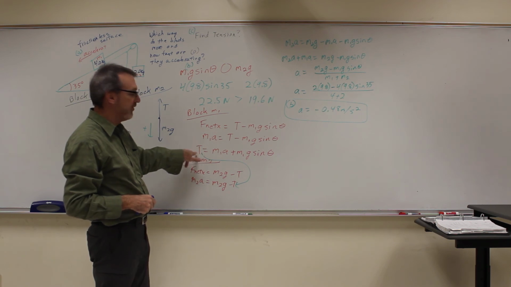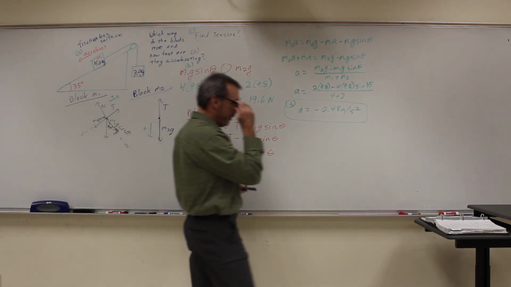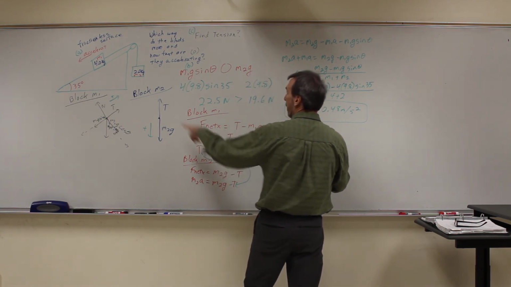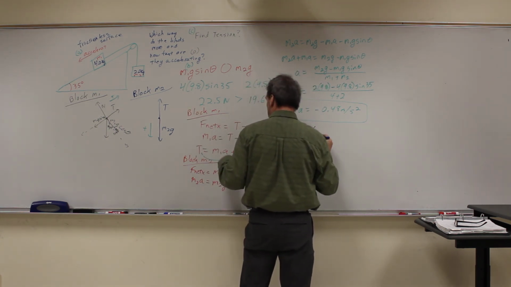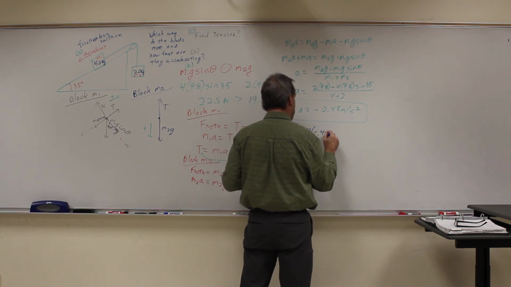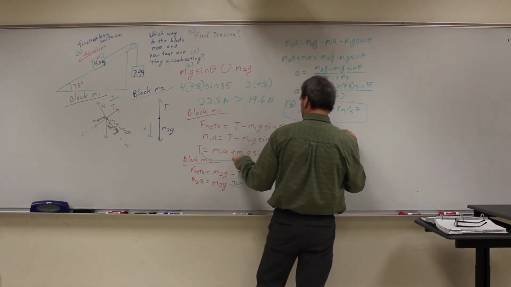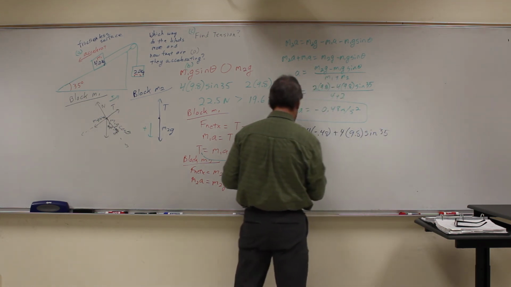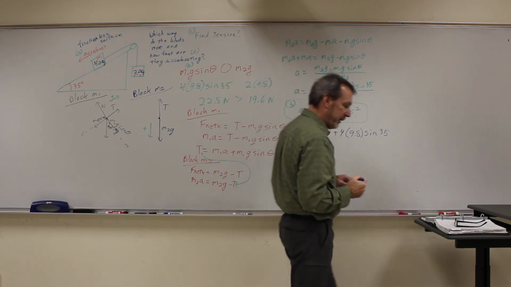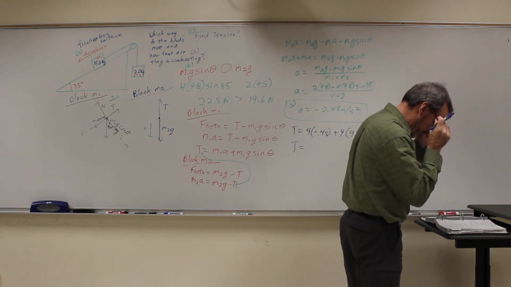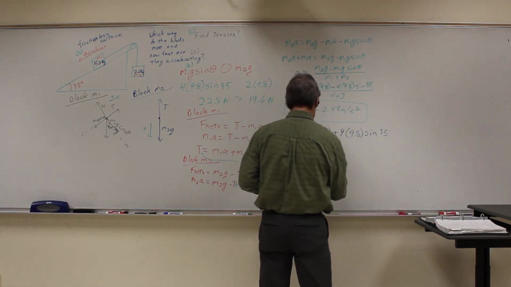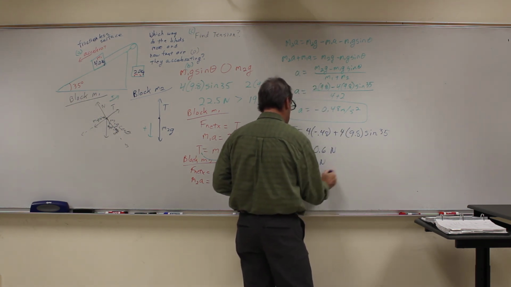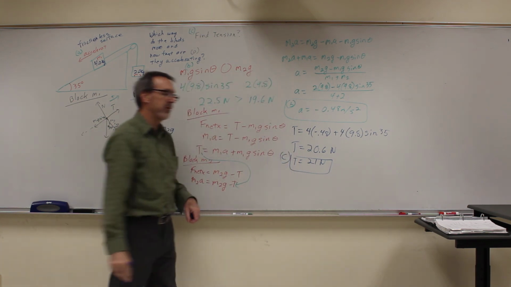I'm just going to plug into this one because this one's already solved for T. So T is equal to M1a, where M1 is equal to 4, and a is negative 0.48, plus 4 times 9.8 sine 35. When you do that, you should get a tension of 20.6 newtons, or 21 newtons because we only have two sig figs. That's part C.